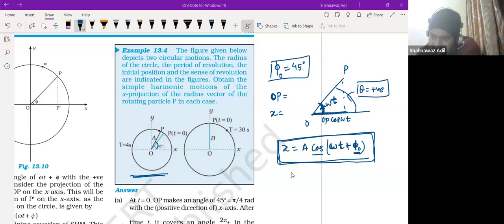Yes, sir. So A is here, and omega. You see that the time period of this thing is 4 seconds, right? And what is the relation between time period and omega? Time period is 2 pi by omega, right, guys?